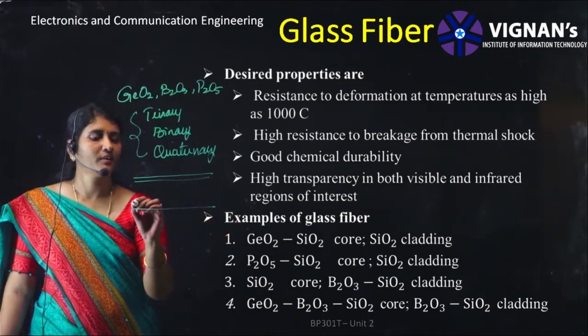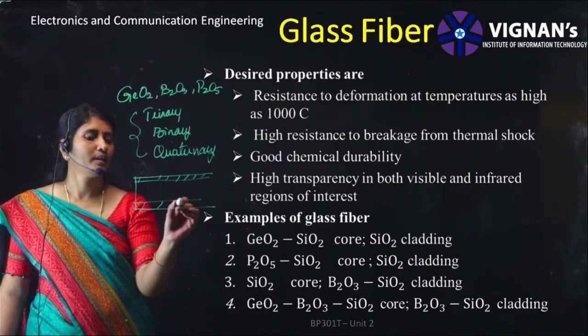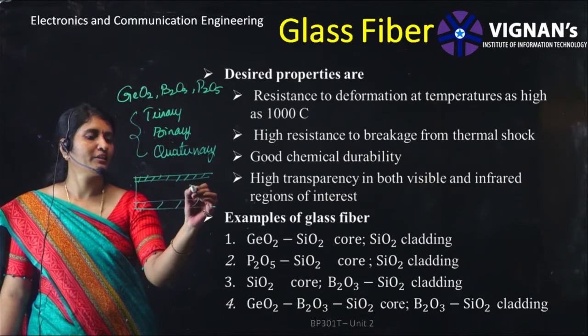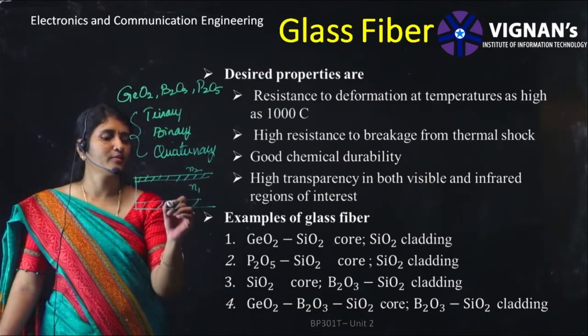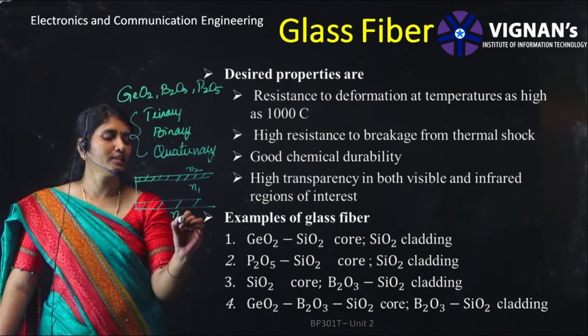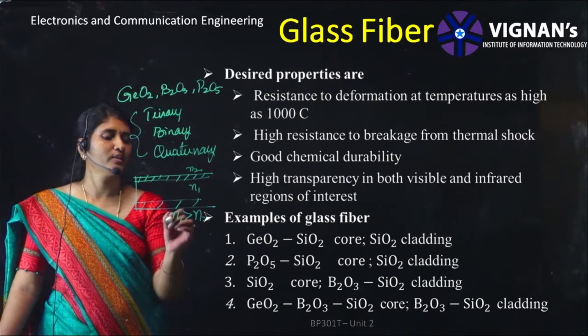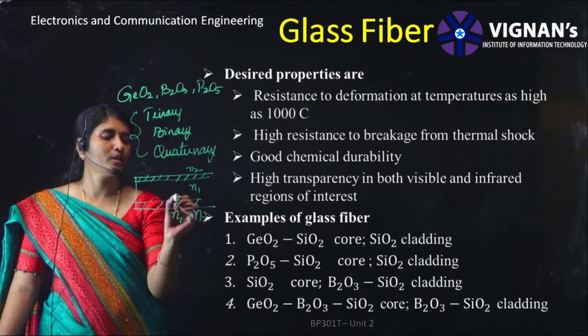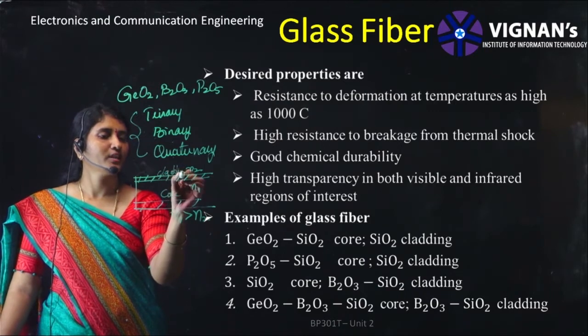In the optical fiber we have two parts, the cladding part and the core part. If N1 is the core refractive index and N2 is the cladding refractive index, for the total internal reflection to occur, N1 must always be greater than N2. That is, the refractive index of the core must always be greater than the refractive index of the cladding.